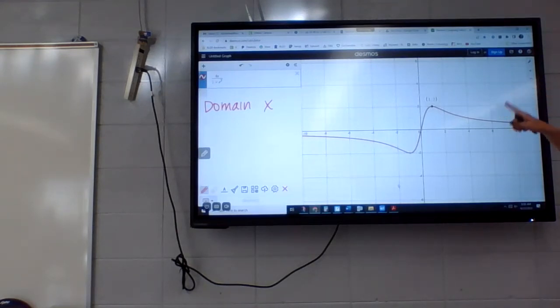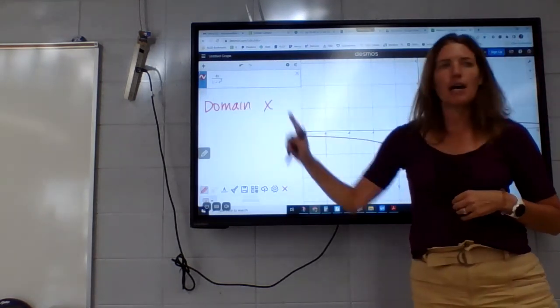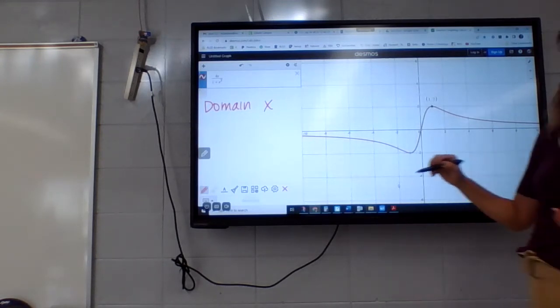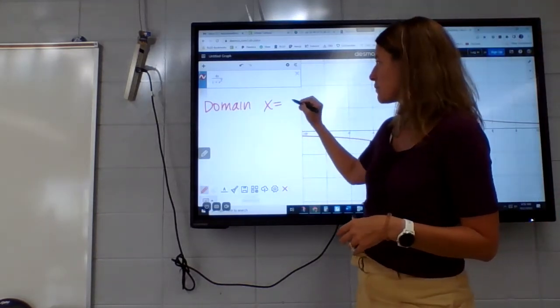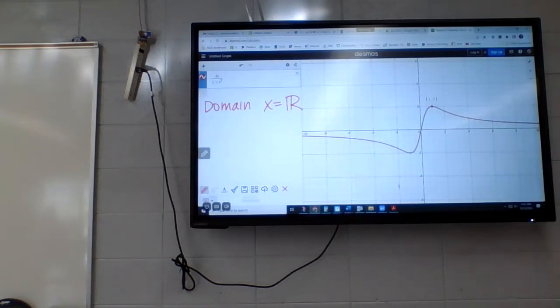There is no value of x that we could substitute in, because if you put -1 in, it becomes a +1. So it's never going to be 0 in the denominator because of that squared. So the domain, we say x can be anything, so we say all real numbers. We can use the fancy little R symbol that shows that x can be anything.